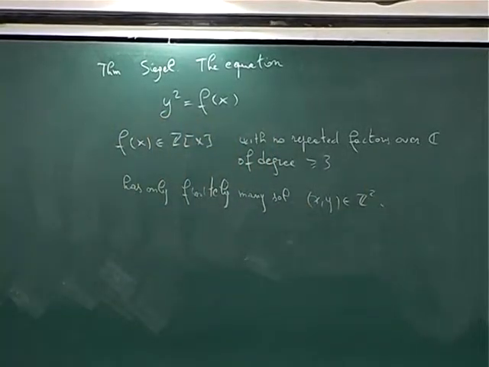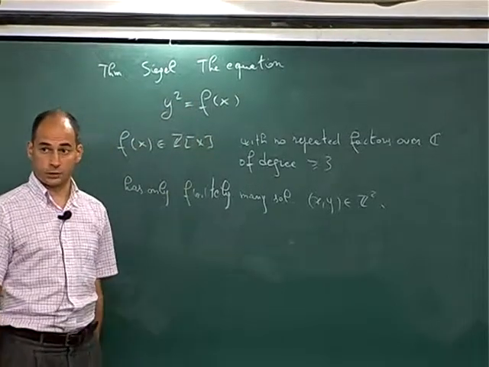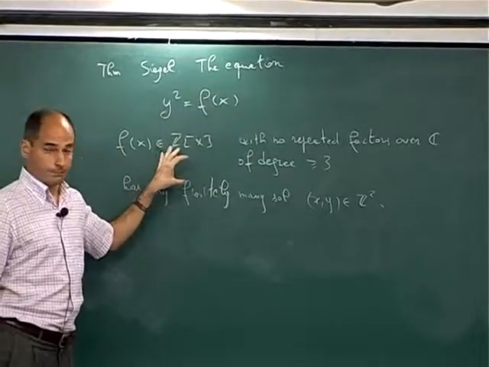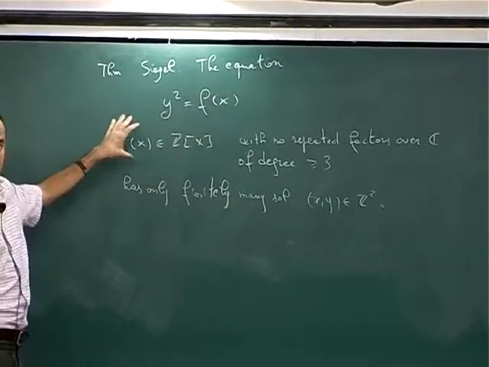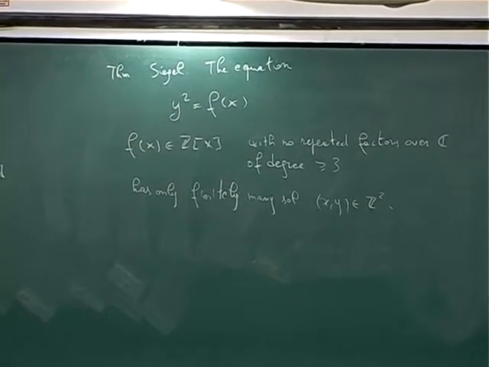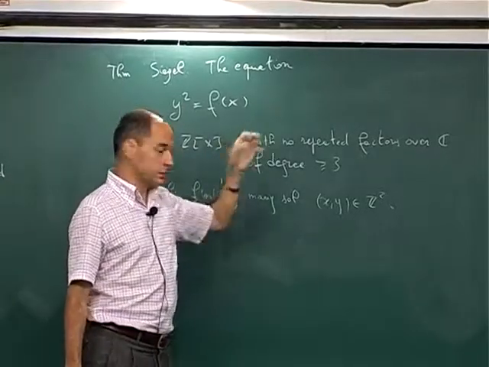So this is a particular case of what I call Siegel's theorem, which applies to all curves of positive genus, but which was proved a few years before the general case. And the idea was to reduce to S-unit equations.